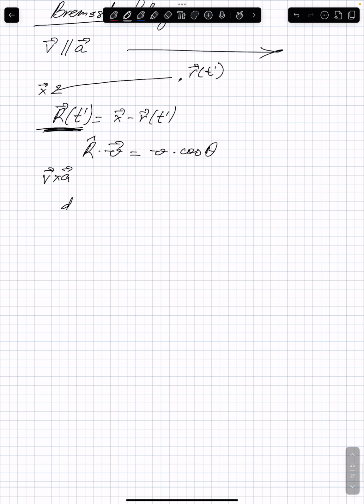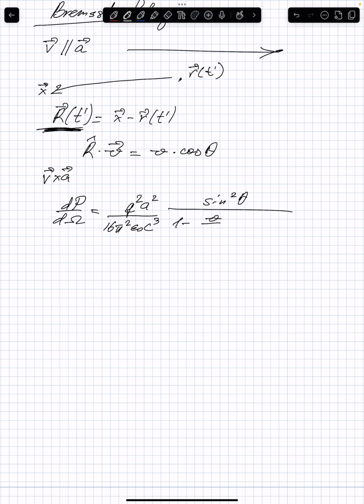We will obtain dP over d omega given by q squared acceleration squared divided by 16 pi squared epsilon 0 c cubed, and finally there is the angular dependence, which is sine squared theta divided by 1 minus v over c cosine theta, to the 5th power. That came from kappa.